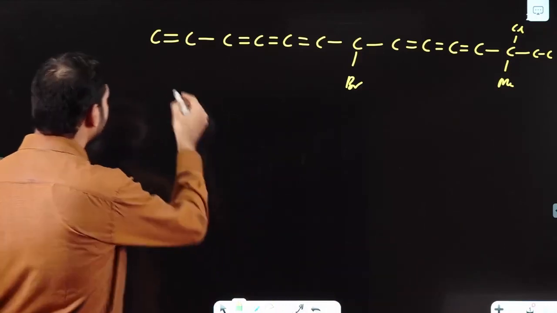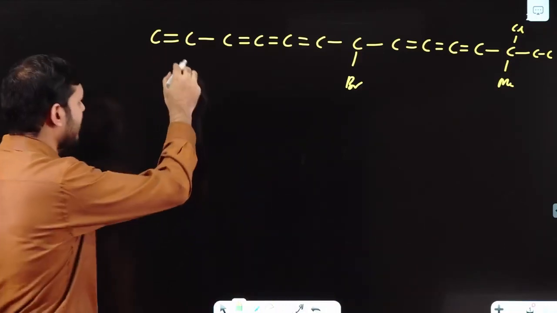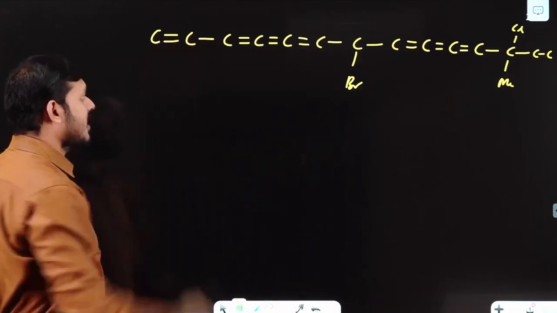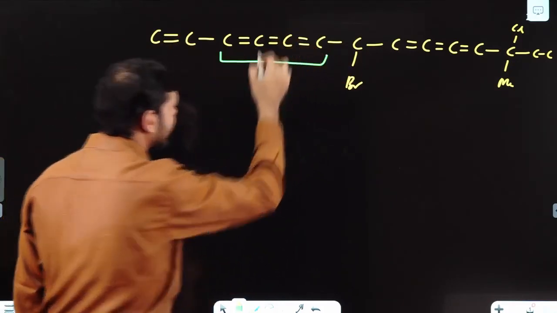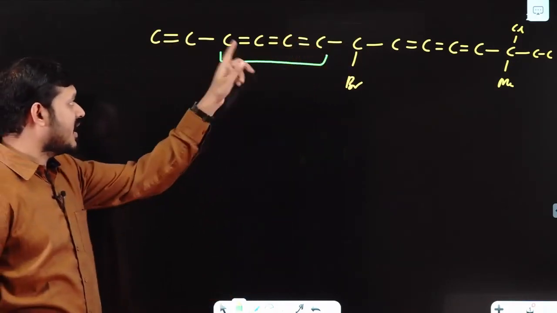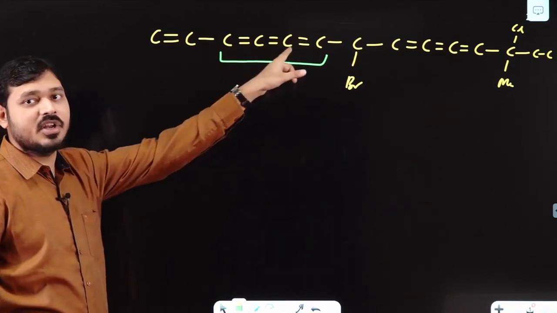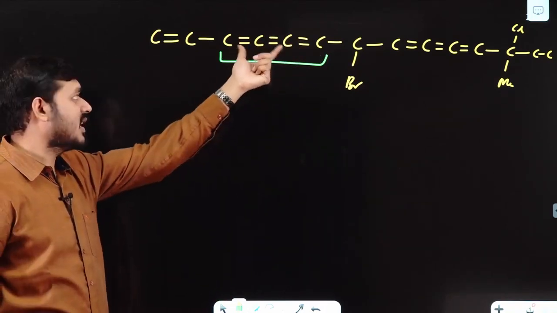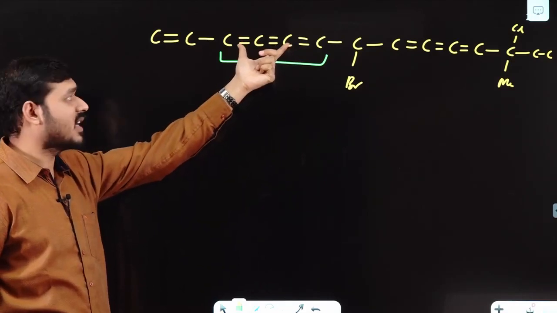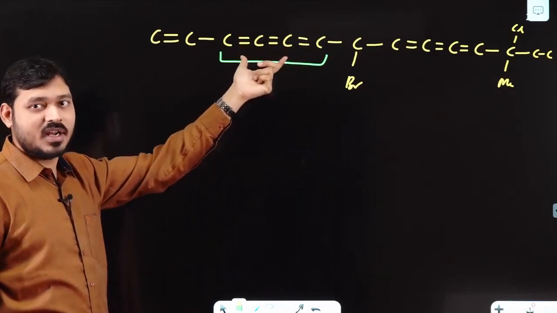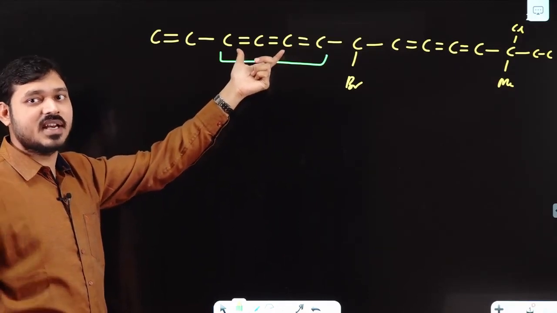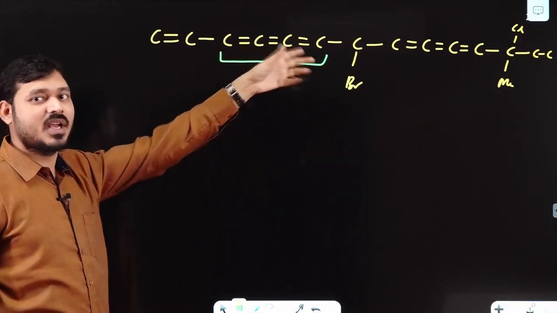If I see, this is not contributing. Why? Because it is a terminal pi bond. Now if I see this one, this part, yes, definitely, and you can see here you are having 3 consecutive pi bonds, so you can say it is a planar part. It can contribute in geometrical isomerism also, meaning the cis and trans forms can contribute in optical activity as well.